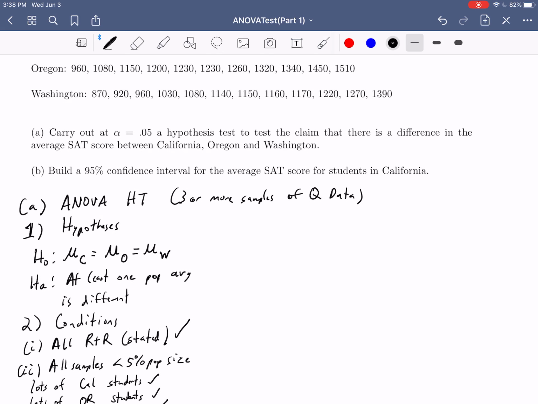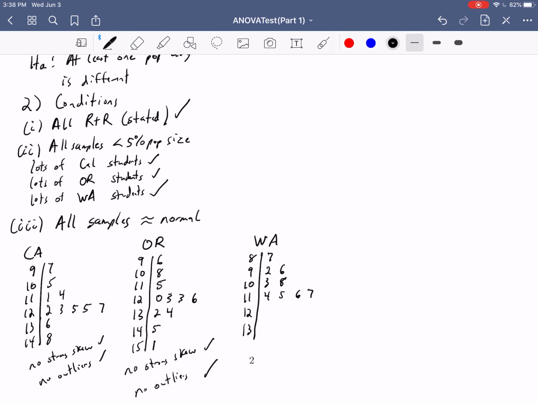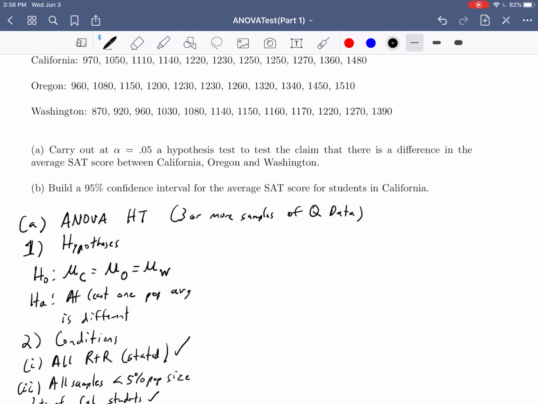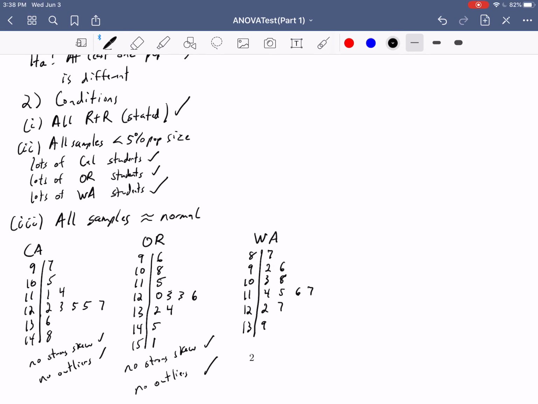And then we've got our 1220 and 1270, and then our 1390. And that also has no strong skew. That one looks very nice and symmetric, and no outliers.